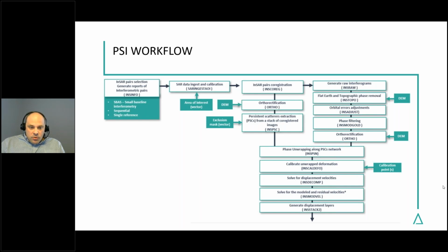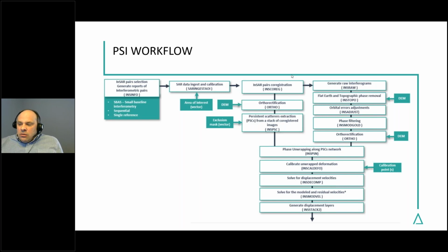And once you have your persistent scatterers map, now the two workflows come back together, and we are really at the heart of the persistent scatterers approach. The next step is to do the phase unwrapping between the persistent scatterers. It is done by the algorithm, of course, but it connects the points using a Delaunay triangulation, and then unwraps the phase along this network to balance out the residuals.